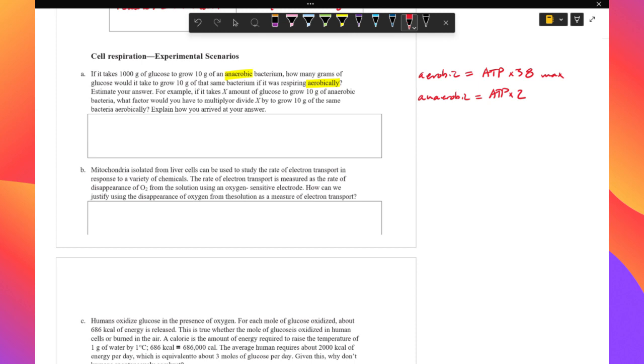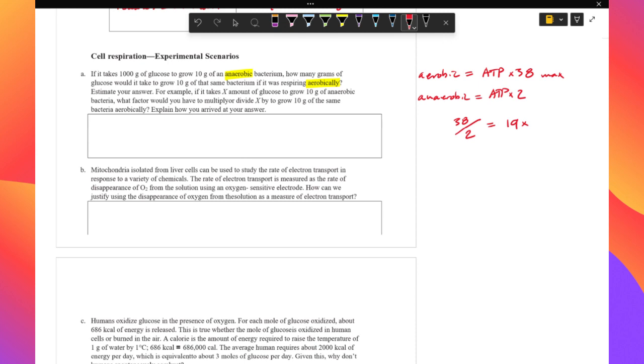So 38 maximum per glucose molecule versus 2 maximum ATP per glucose molecule. So we could simply write that as a ratio. 38 divided by 2 would be 19. So you would need 19 times less glucose if respiring aerobically.